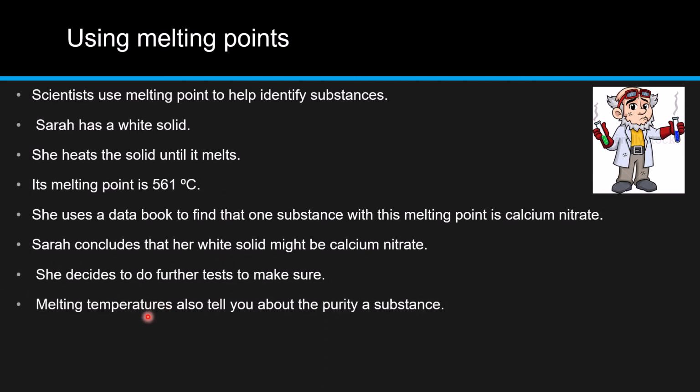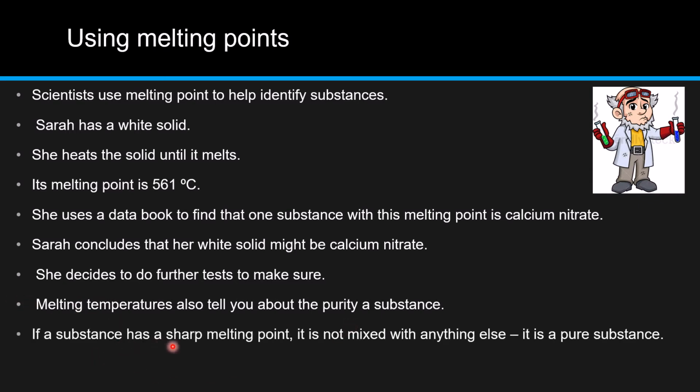Melting temperature also tells you about the purity of a substance. Purity means that it is the exact same substance and is not mixed with other chemicals. If a substance has a sharp melting point, it is not mixed with anything else, it's a pure substance.